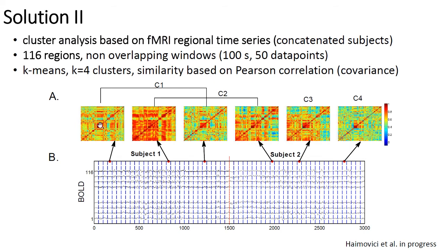And then you apply a clustering algorithm to this. And we use, of course, 4 clusters, because we want to show that these clusters, at the end of the day, correspond to wakefulness and the 3 stages of human sleep.